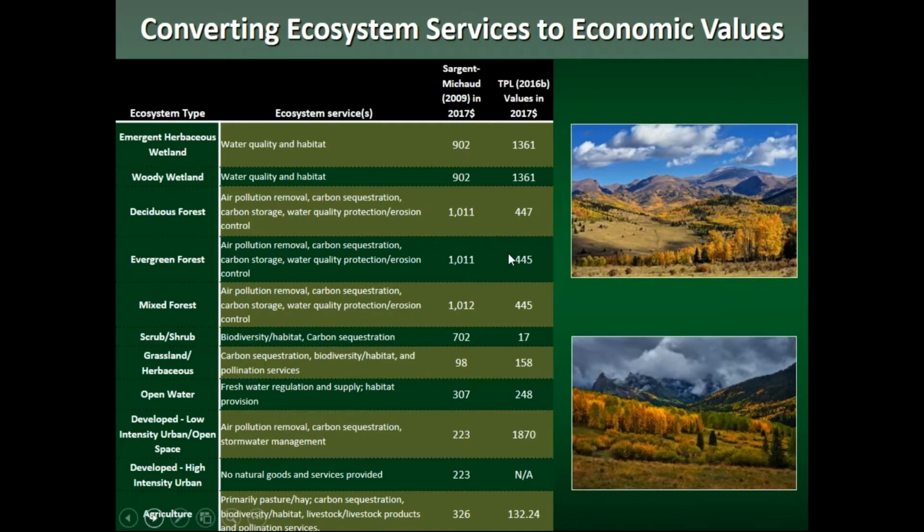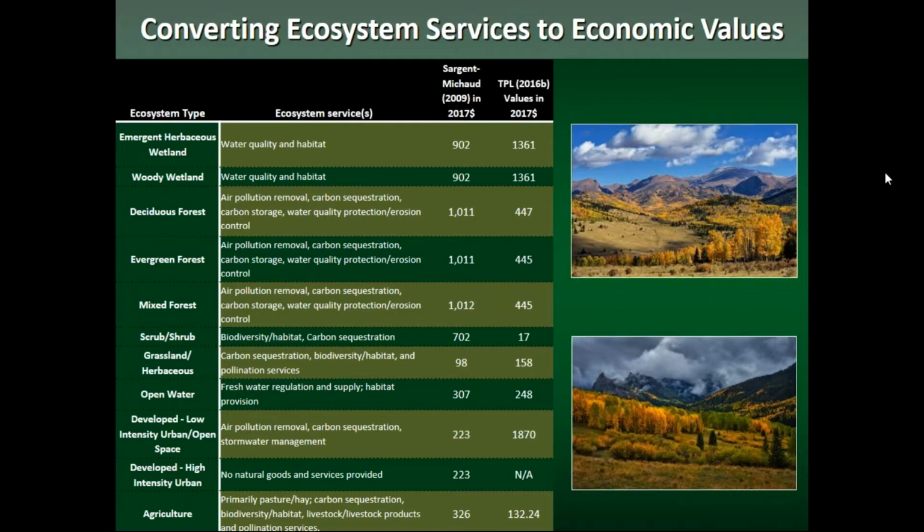So we took these ecosystem services, defined them more closely, and then attempted to look in the literature to see what sorts of economic values had been derived for those 11 ecosystem service types. We looked to two seminal studies that had been done over time.